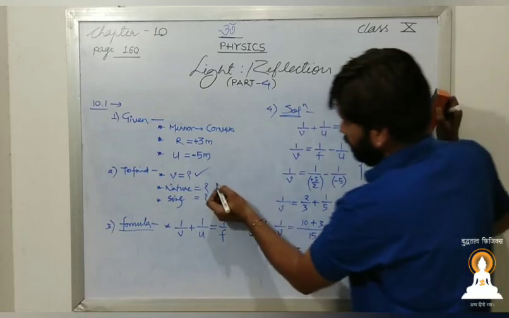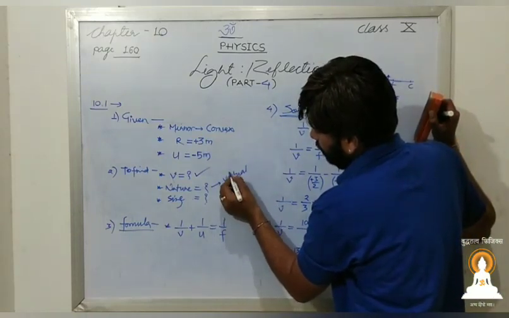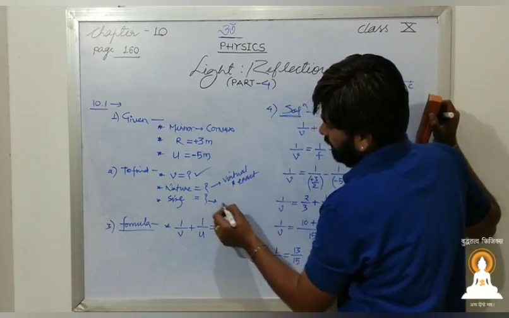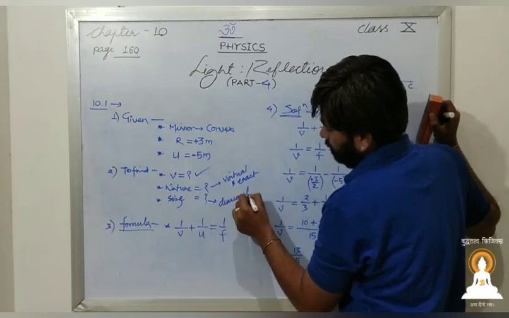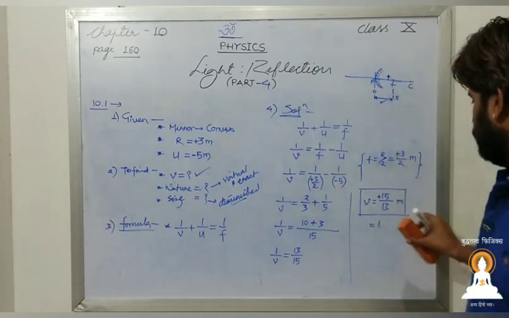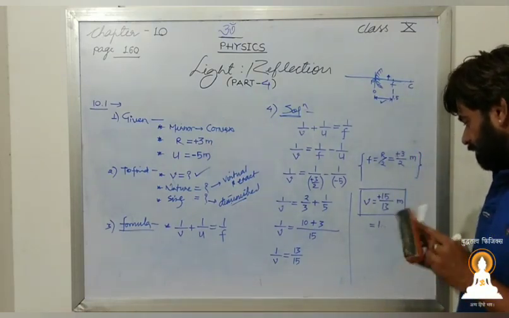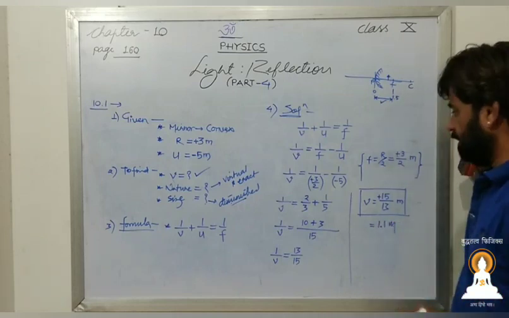So the nature will be virtual and erect, and the size is diminished, always, no need to bother about that. So v will be equal to this much, 15 by 13, 1.1 something, in meters.